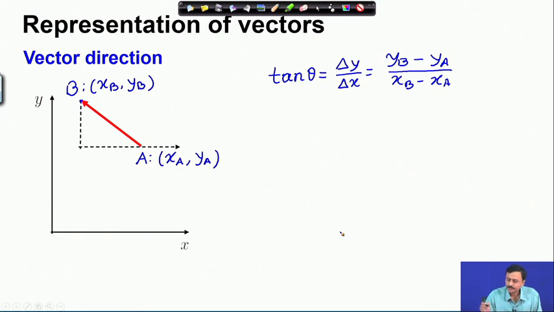Now, you will find that this ratio has numerator as positive and the denominator as negative. Numerator is positive and the denominator is negative.